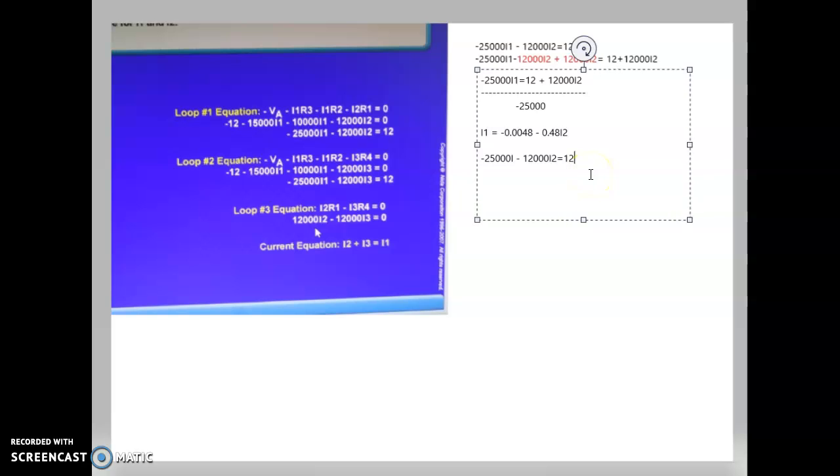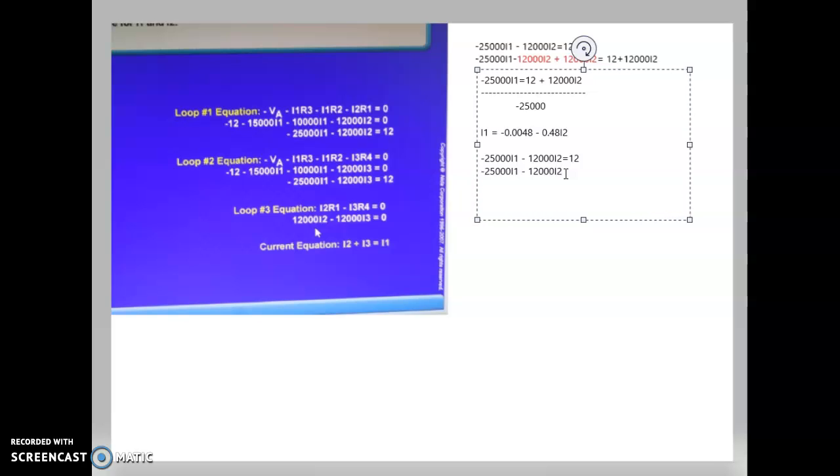So now, instead of what we did before, we're going to be solving for I2. So I'm going to say minus 25,000 I1. I did not put a 1 here, so let's fix that. Thankfully I can. You have to be careful because these I's and 1's look a lot alike. Minus 12,000 I2.